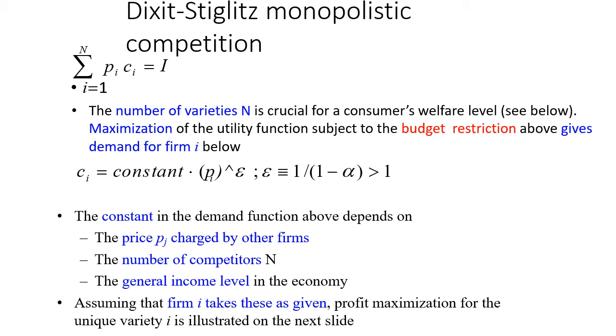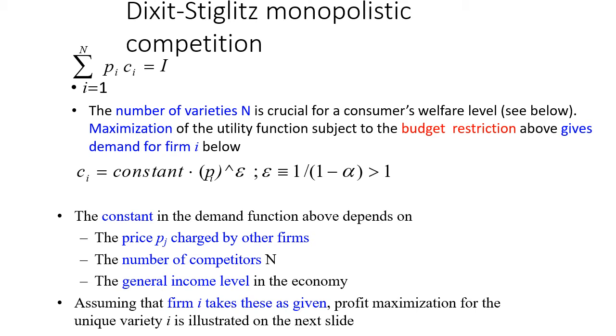And then what we're going to do on the next few slides, we're going to assume that firm i takes this as given, all these things that I mentioned in terms of the constant, and we're going to do profit maximization to get some unique variety of i, which we're going to show on the next few slides. Okay, it's very tough, this. If you look at the mathematics, you get lost. Just remember, in total, when you're dealing with a Dixit-Stiglitz model, you have a utility function, which is given in the previous slide.